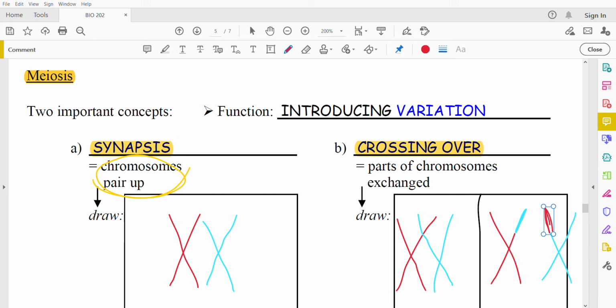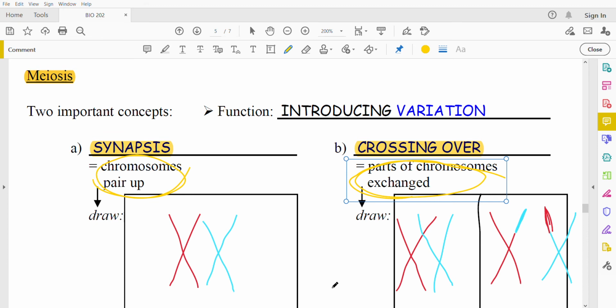So this is how the chromosomes get mixed with each other during crossing over. Little pieces of these two chromosomes get exchanged with each other. That process is known as crossing over.